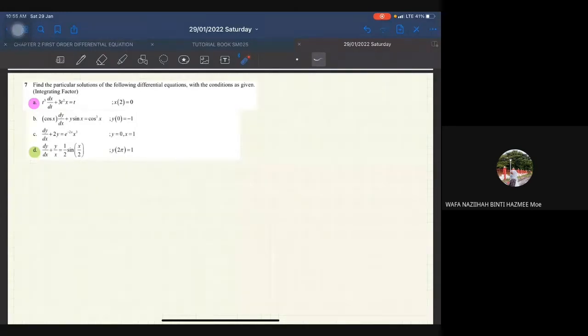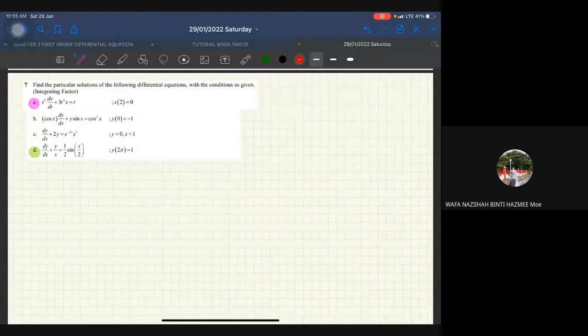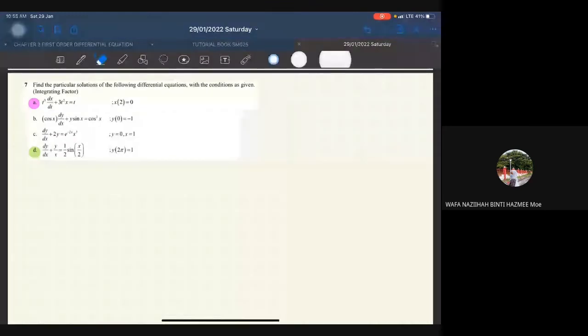Okay, kalau tengok soalan, dia dah dalam general form ke belum? Standard form. Awak kena tengok soalan dulu. Dia dah dalam standard form ke belum? So benda first awak mesti perhatikan.